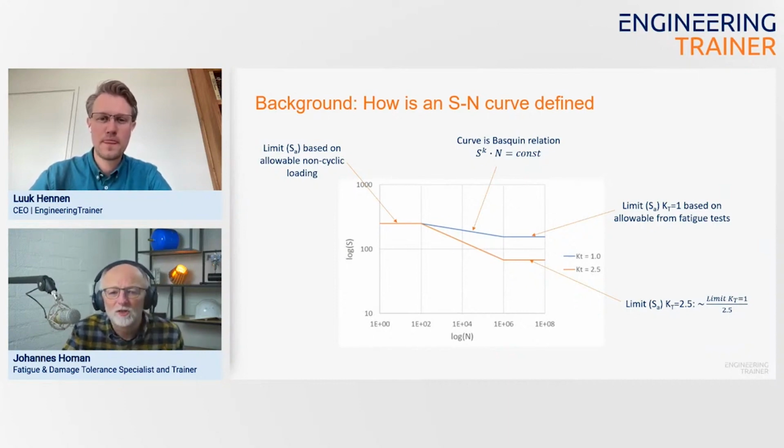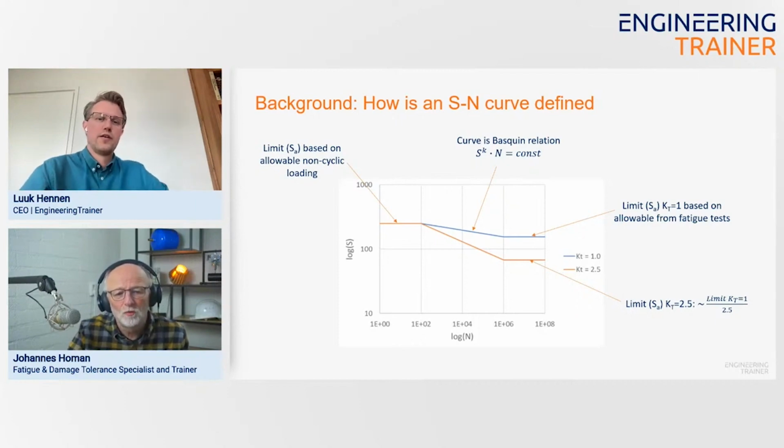In this diagram, you see two curves, one for unnotched material, so basically some kind of small bar which is tested, and another curve, the orange one, with a notch, and the notch causes an inhomogeneous stress distribution in your structure, leading to some stress peak at a location, and that's then the critical location.